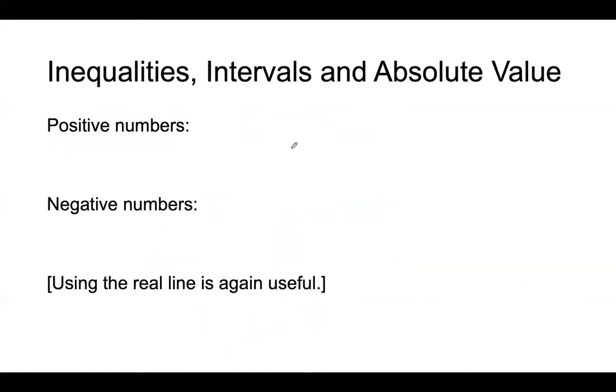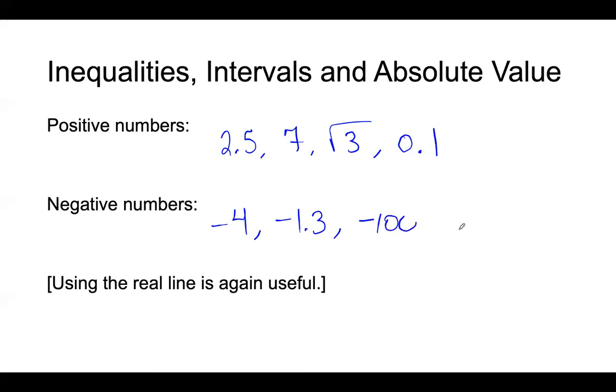Now, inequalities, intervals, and absolute values. So the positive numbers are examples such as 2.5, 7, square root of 3, and 0.1. These are all positive numbers. Negative numbers are things like negative 4, negative 1.3, negative 100, and negative square root of 2.